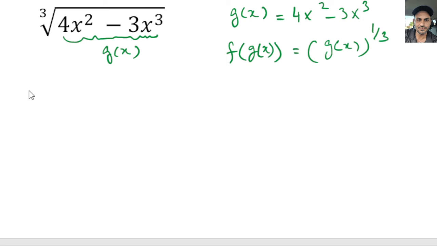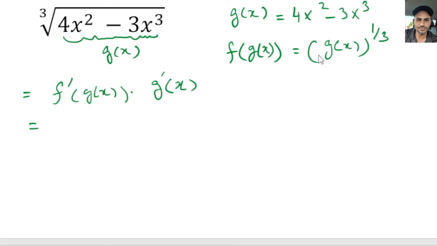Okay, now we can go ahead and apply this chain rule here. We have f prime of g of x times the derivative of the input. Okay, so we're taking the derivative of the main function, where g of x is the input of that function, times the derivative of the input function, which is just g prime of x. Now let's go ahead and solve this.